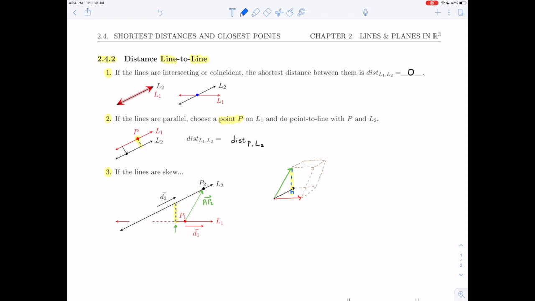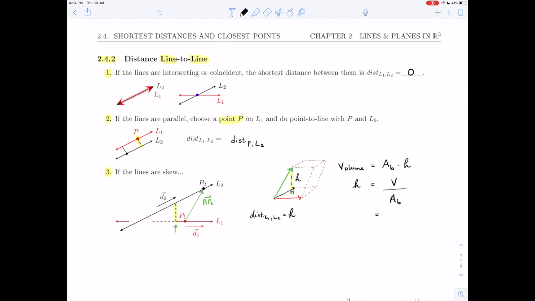So we have the relationship that this height h, our distance from line 1 to line 2, is equal to the height of that parallelepiped. You're going to remember from your unit on vectors that the volume of a parallelepiped is the area of the base times the height. If we solve for the height, we get the volume divided by the area of the base.